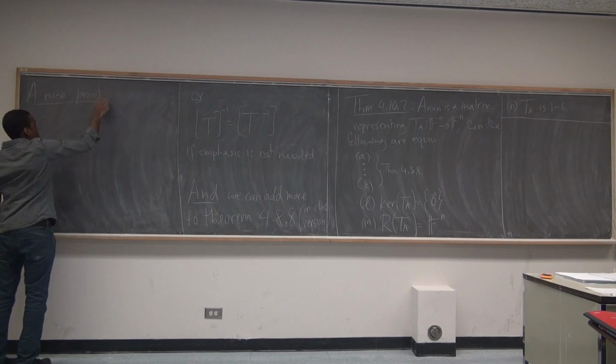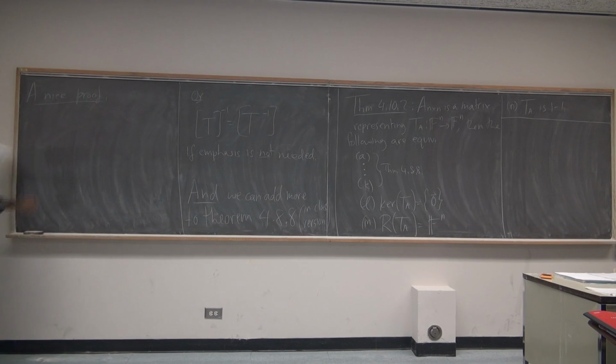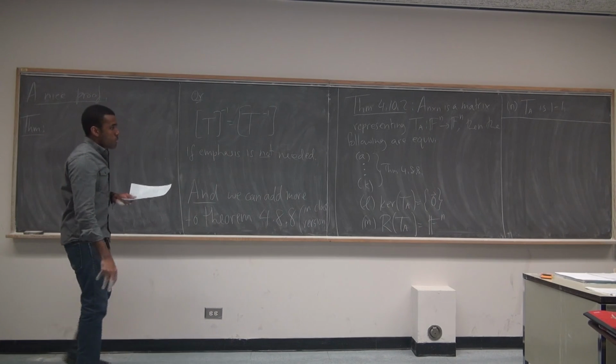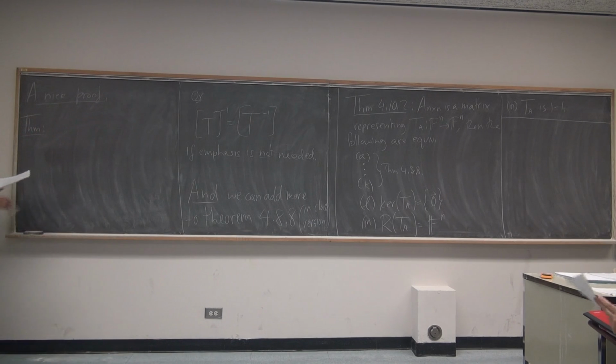Here's a nice proof to wrap up. Theorem. I thought it'd be nice because it uses the properties of linear transformations that we have spoken about and we will talk about. And it's using stuff that we've already mentioned here.